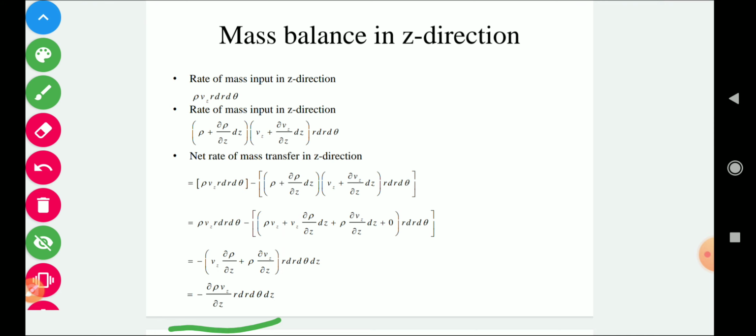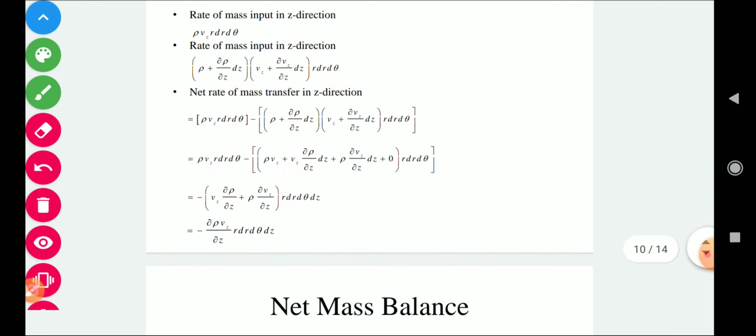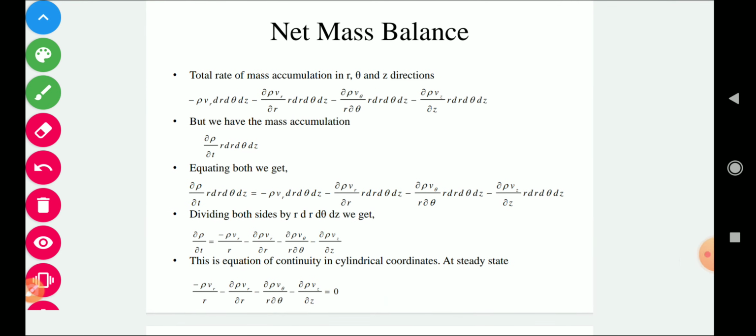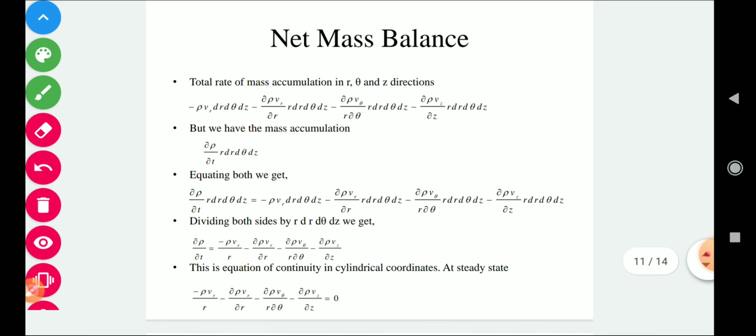So we have calculated mass balance in r, theta and z direction. So to get the net mass transfer, we have to add up all these mass transfers along the r, theta and z direction. So total rate of mass accumulation will be the summation of net mass in r, theta and z direction.